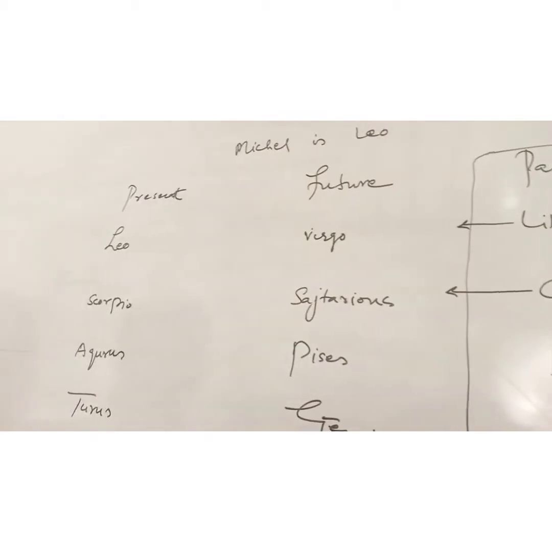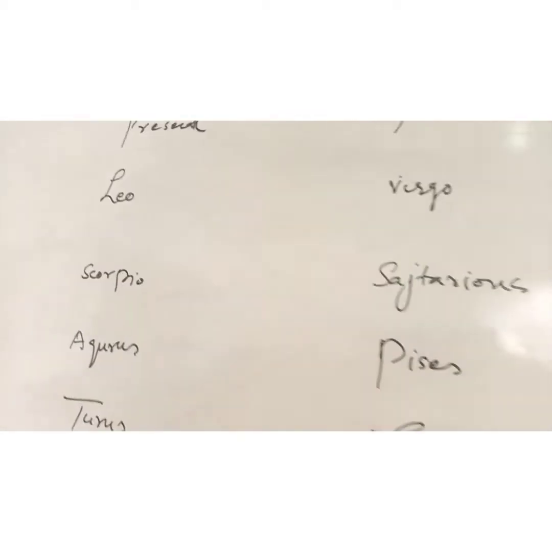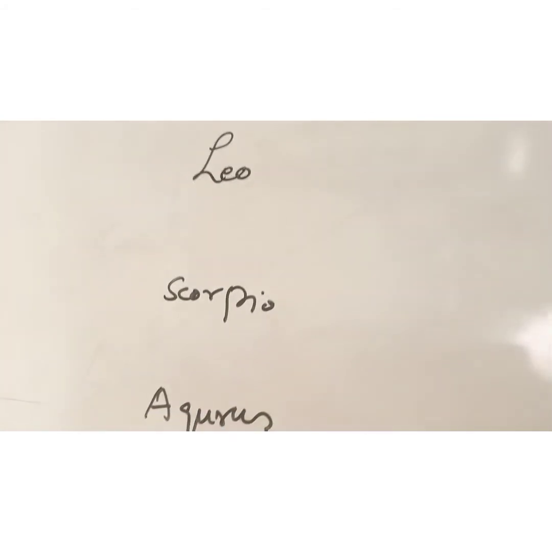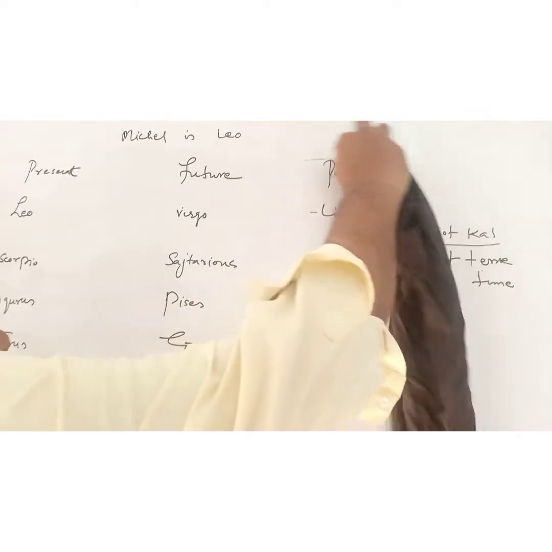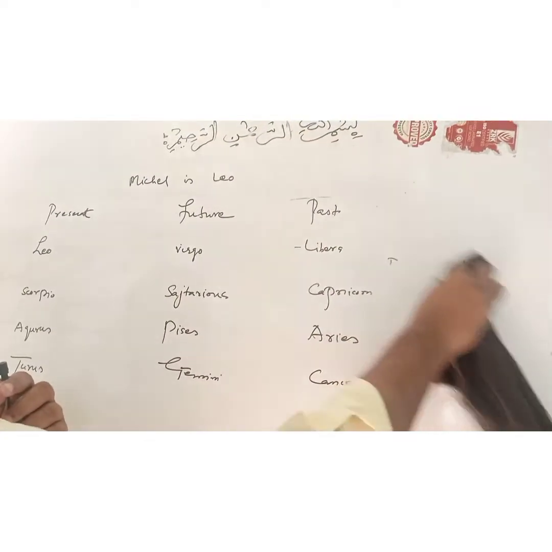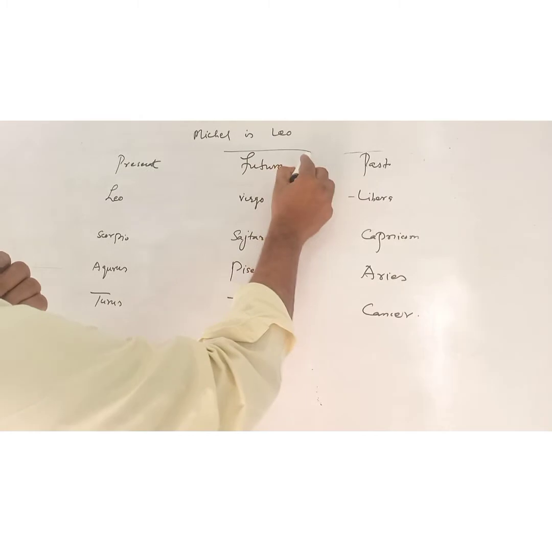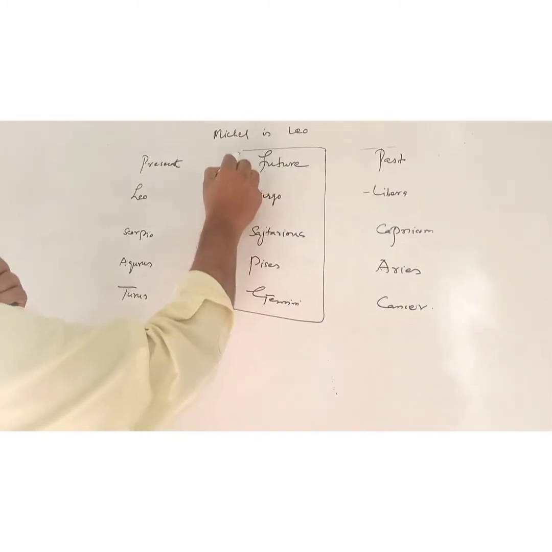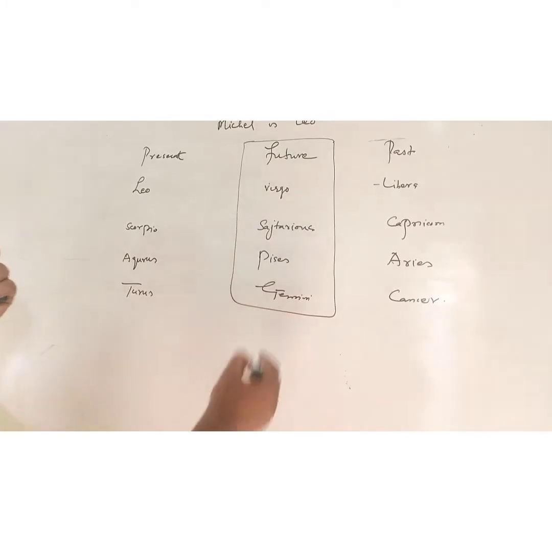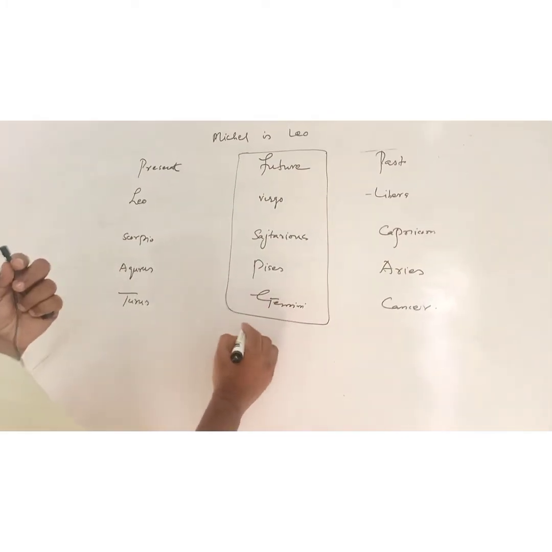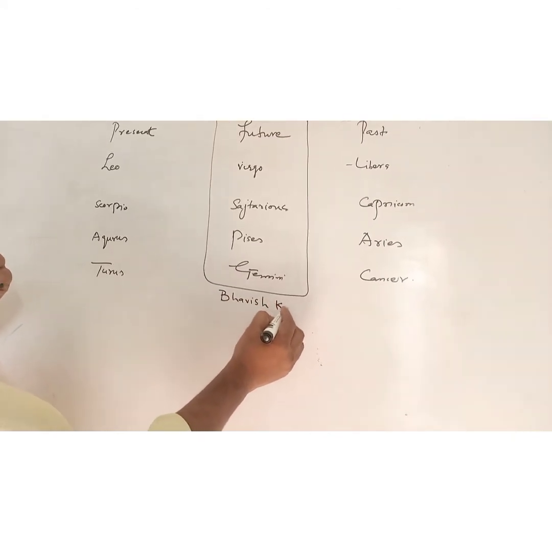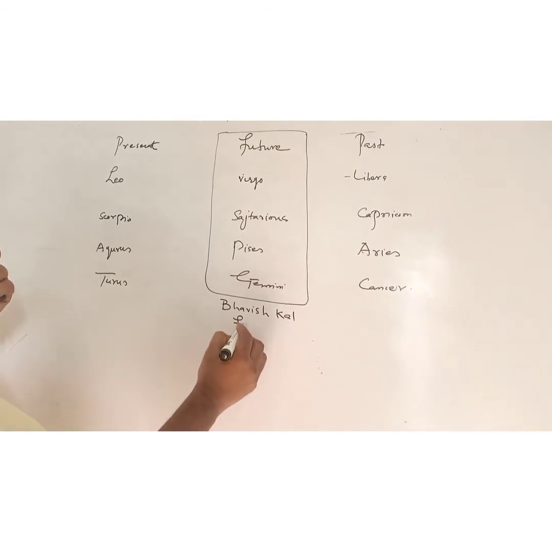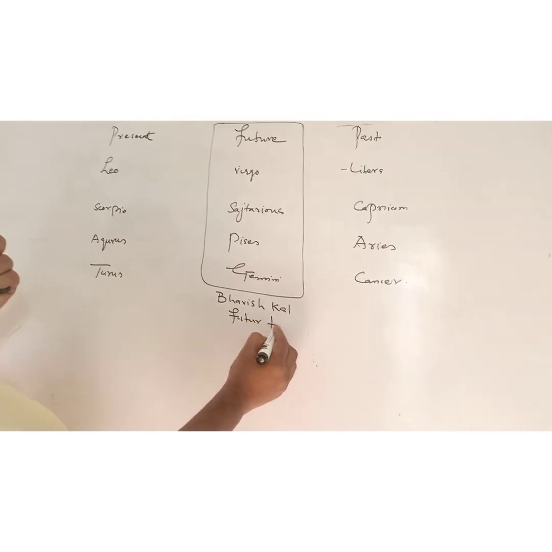And secondly, if we want to see the future time, then we have to study this table, called Bhavishkal, our future time.